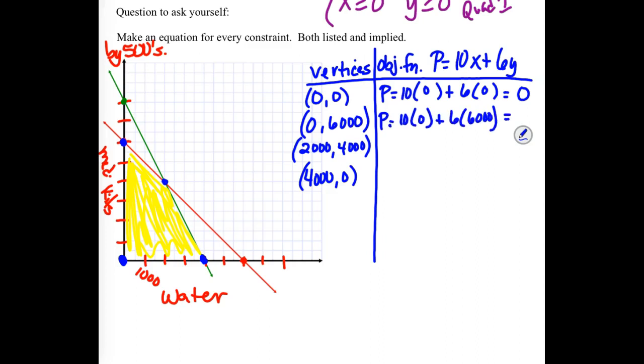So how many people have we helped? Okay. Our third point, we're going to send 2,000 containers of water. We're going to send 4,000 medical kits. How many people can we help that way?